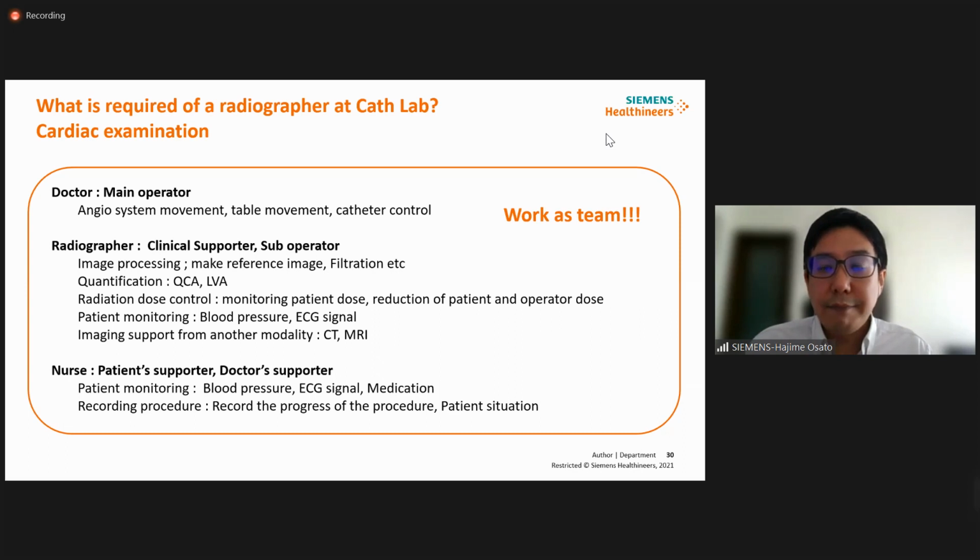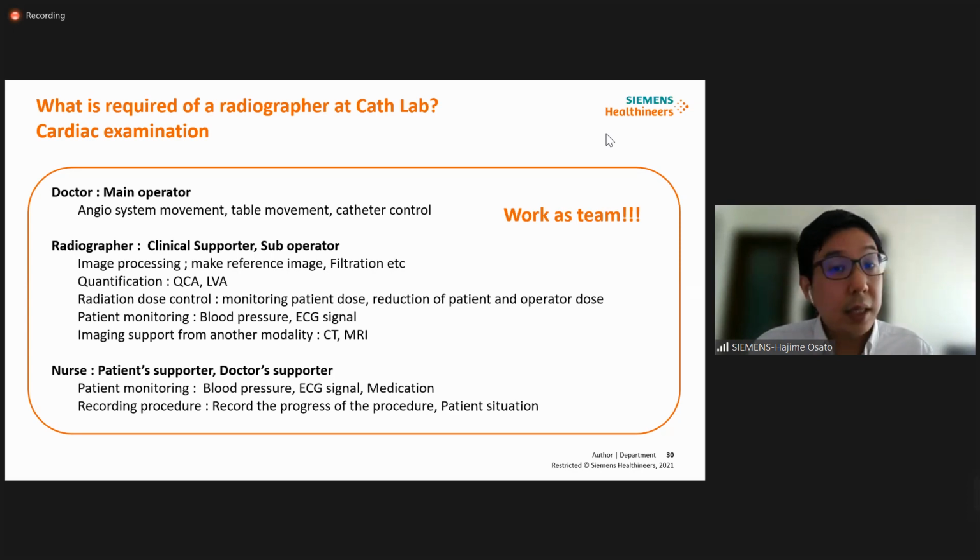And patient monitoring is also important for the radiographer in the cardiac case. Sometimes complications happen suddenly. So that's why it is important to make a good relationship with the team and monitor patient vitals during the procedure.